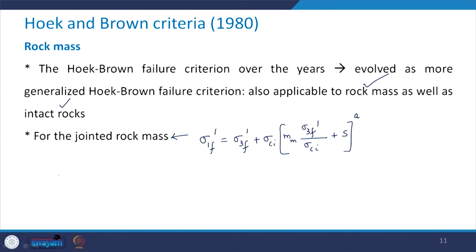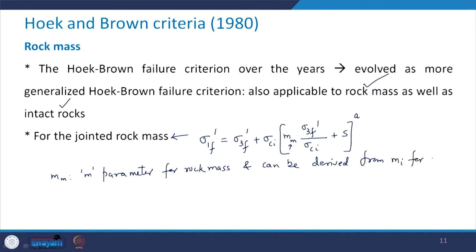Now, here this parameter m_b is nothing but the m parameter which we had in case of the intact rock as well, for the rock mass. And because it is for rock mass, this subscript has been added here, and this can be derived from m_i, which is for intact rock.